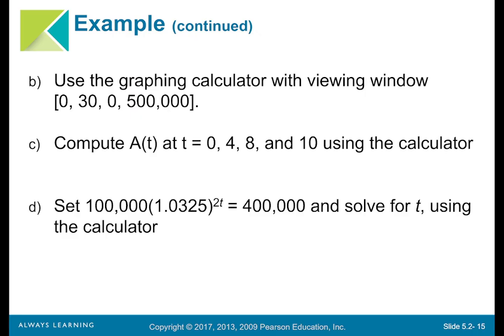And what you're going to do is plot y1 equals our function, and then we're going to also plot y2 equals 400,000. Then we can use our intersection method and actually solve for our t value.